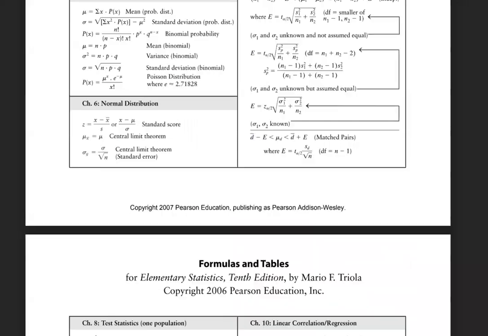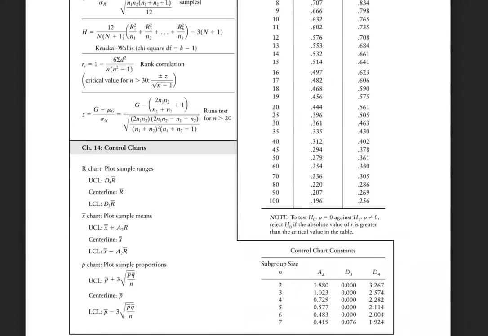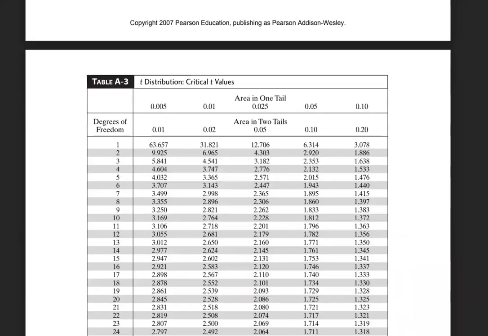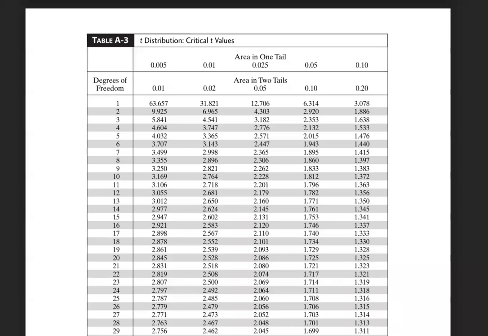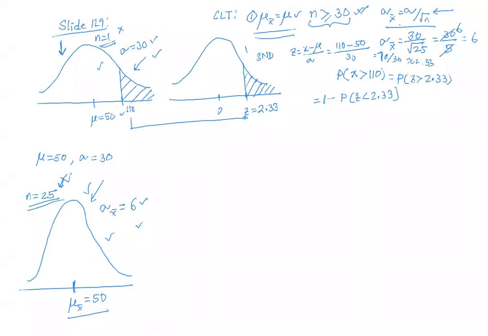I got a question. Yes. Wouldn't 110 minus 50 be 60? Wouldn't the z-score be 2? Is it 110? Did I make a mistake? Possible. Hold on. Oh, yeah. Why was I thinking 120?